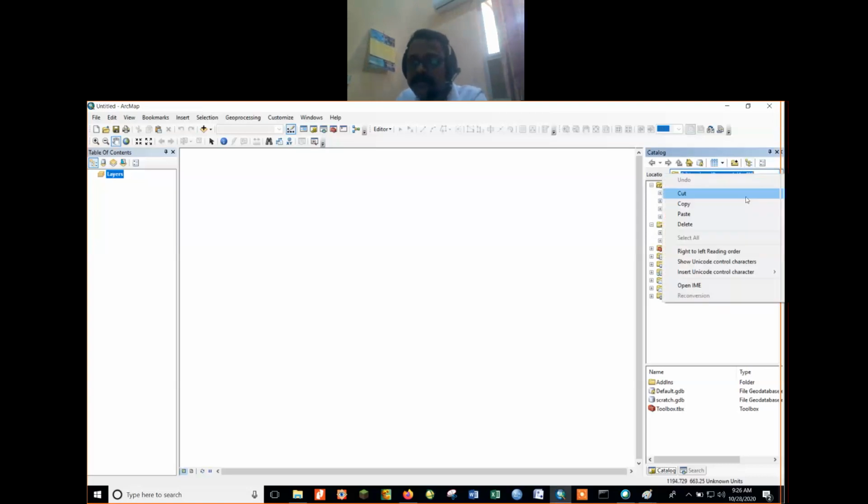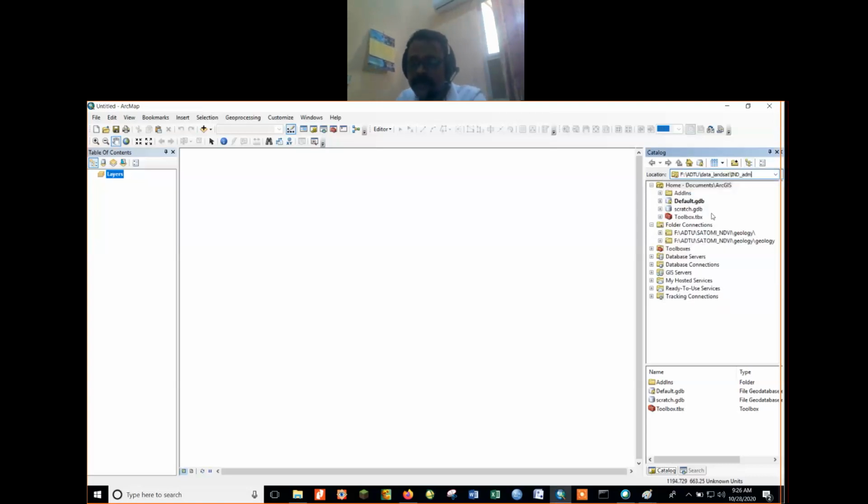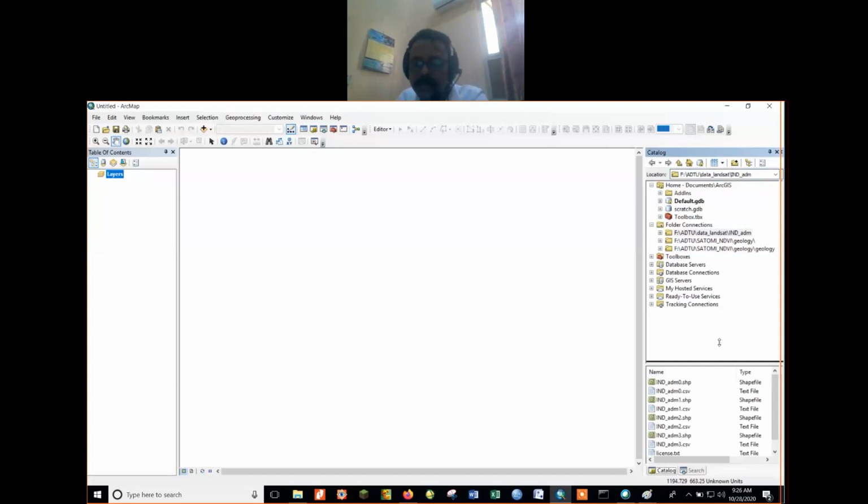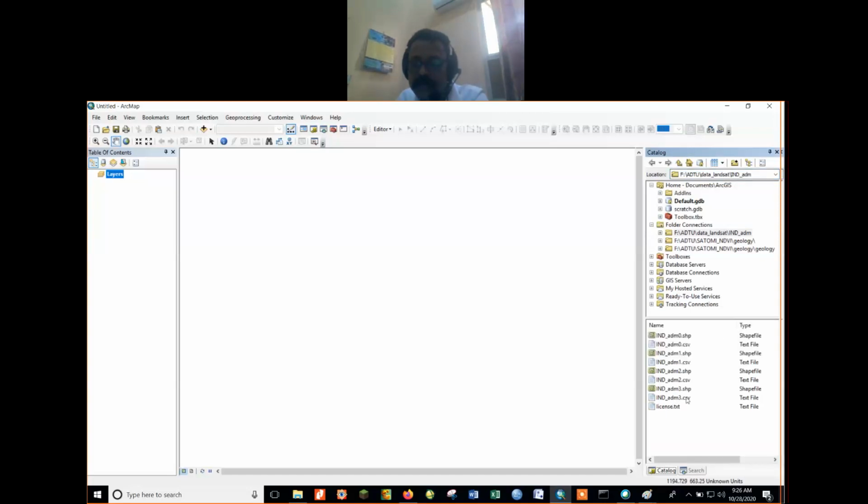I'm going to that particular folder. So these are the shapefiles, as you can see, India admin 0, India admin 1, India admin 2. From here I will just pick up one and drag and drop.